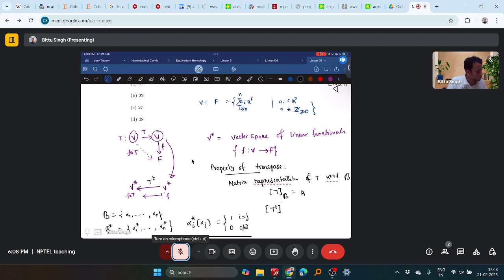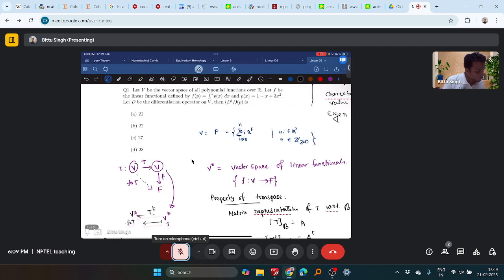So if you want the matrix representation of this transpose operator with respect to this dual basis B star, it will look like A transpose. That's where the motivation for this name comes from.